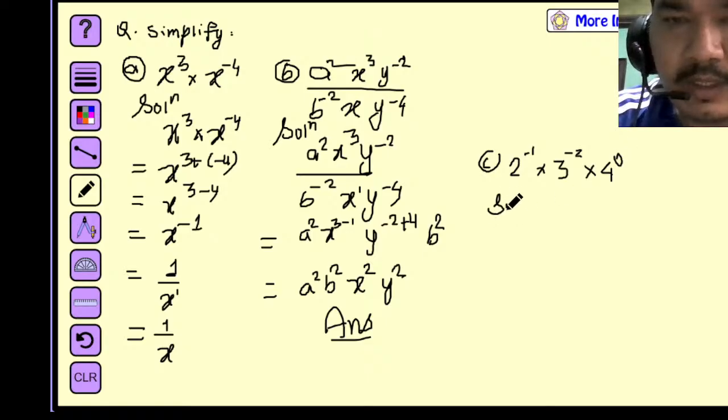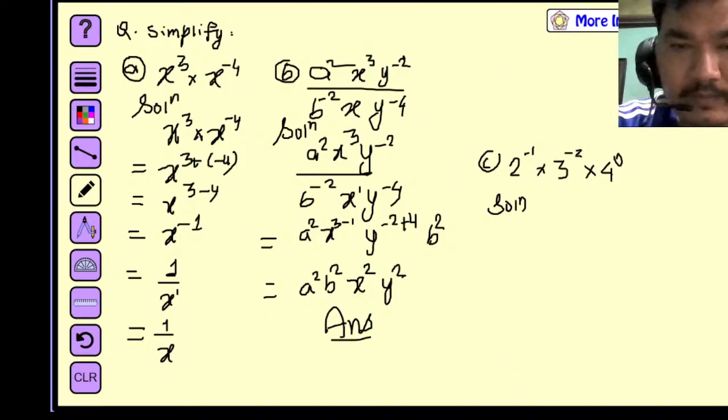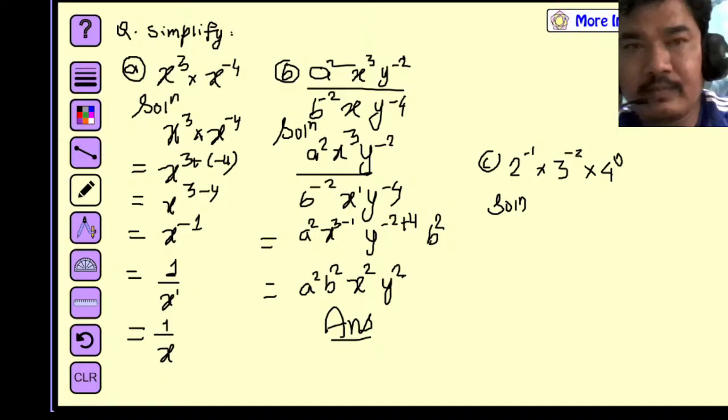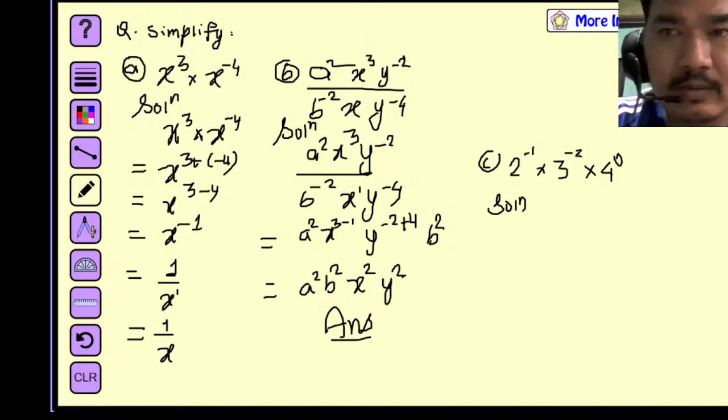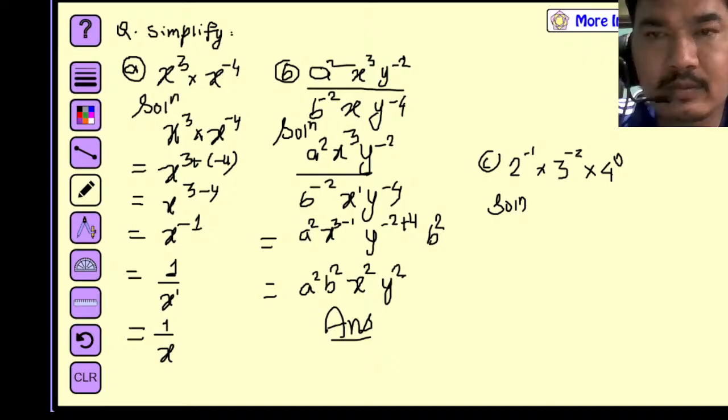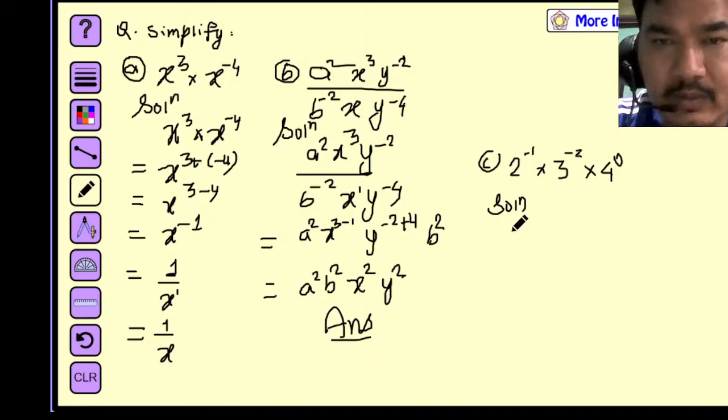And while solving, write the question again here. Okay, children, then what to do here? Write the question again, 2 to the power minus 1, multiplied by 3 to the power minus 2, multiplied by 4 to the power 0, okay?